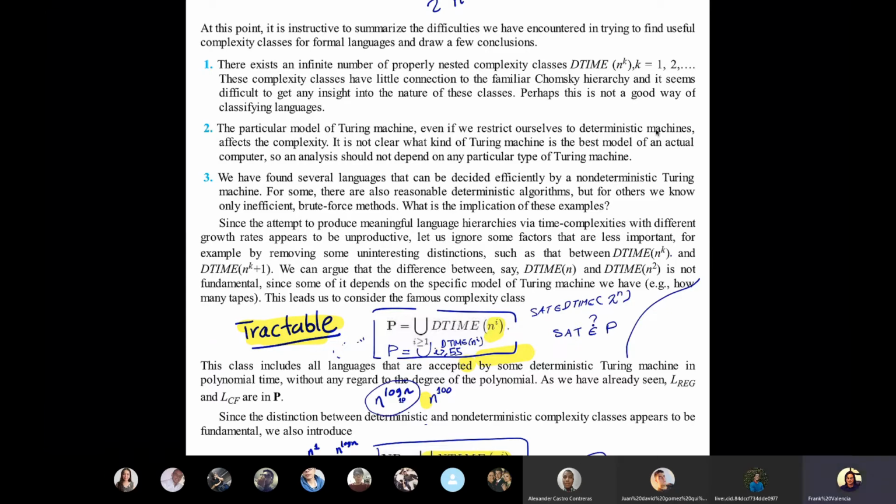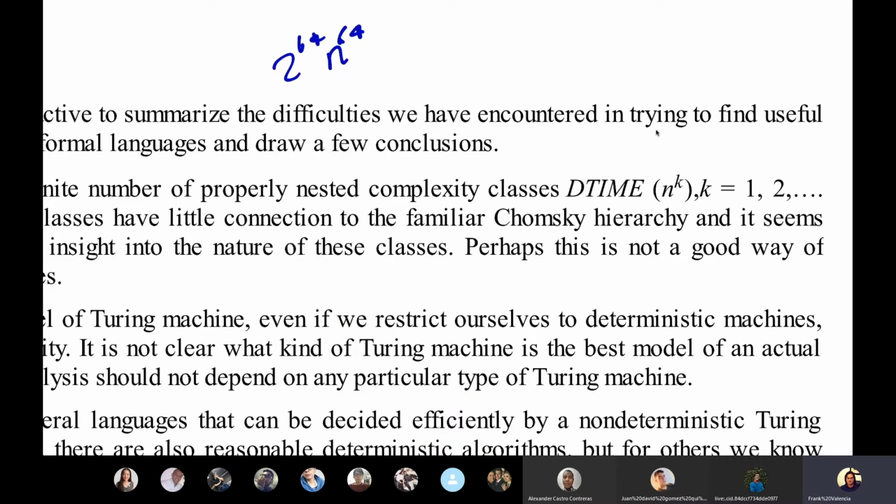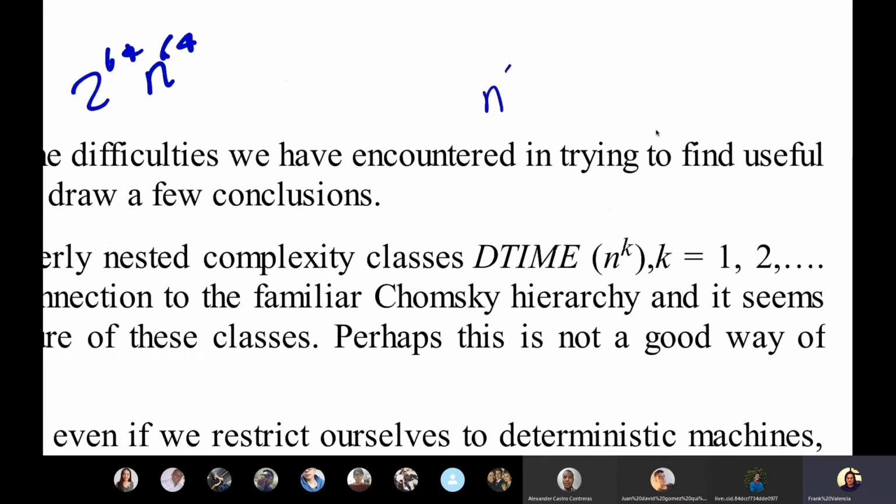And untractable means that you are not polynomial. So for example, anything that is exponential is non-tractable or untractable. This is because typically you accept linear algorithms, quadratic algorithms, cubic algorithms, and so on. But of course, there's this problem that we mentioned last time, that it's hard to say that n to the 100 is tractable.